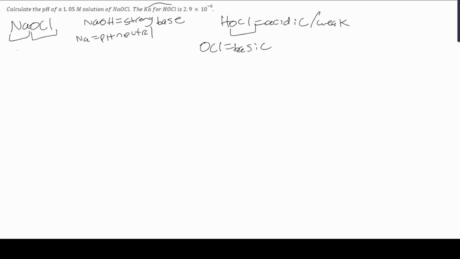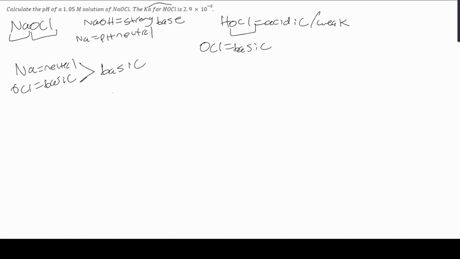So with that, we now know that Na is going to be neutral and OCl is going to be basic, which means this solution has to be basic, because a neutral and a basic yields a basic solution.